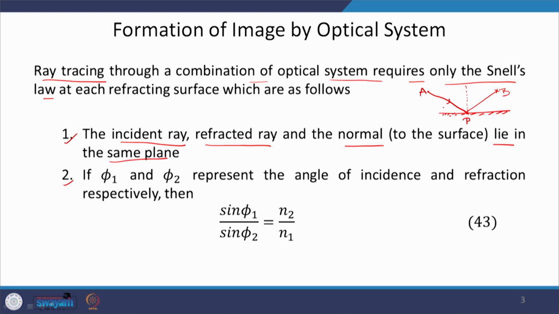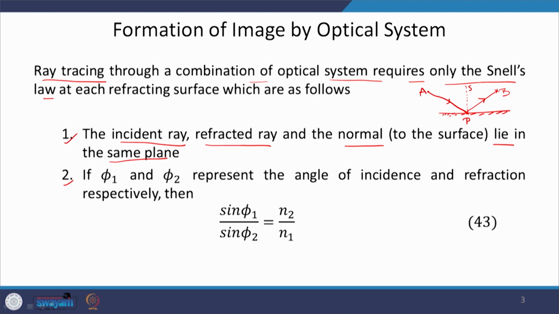The first point says that the incident ray, meaning ray AP, the reflected ray, meaning ray PB, and the normal, meaning the dashed line SP, they all must lie in the same plane. AP, PS and PB must lie in the plane of the paper.